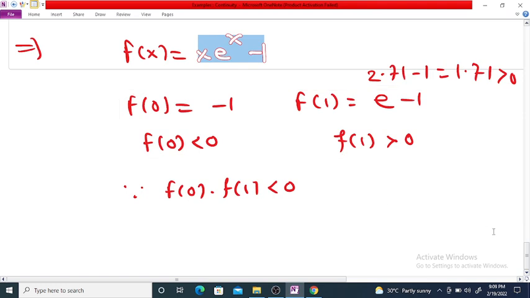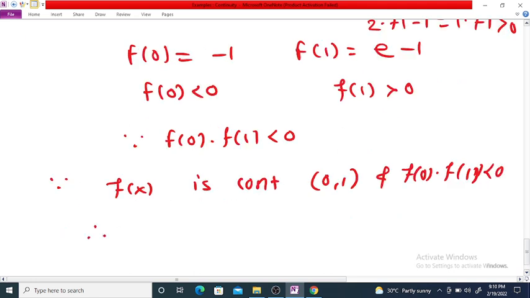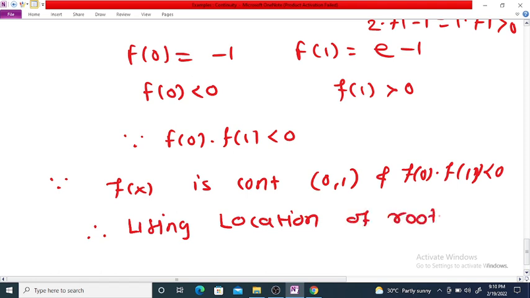Now since f of x is continuous in the interval 0 to 1, and f of 0 into f of 1 is less than 0, therefore by using location of root theorem, there exists x in the interval 0 to 1 such that f of x is equal to 0.